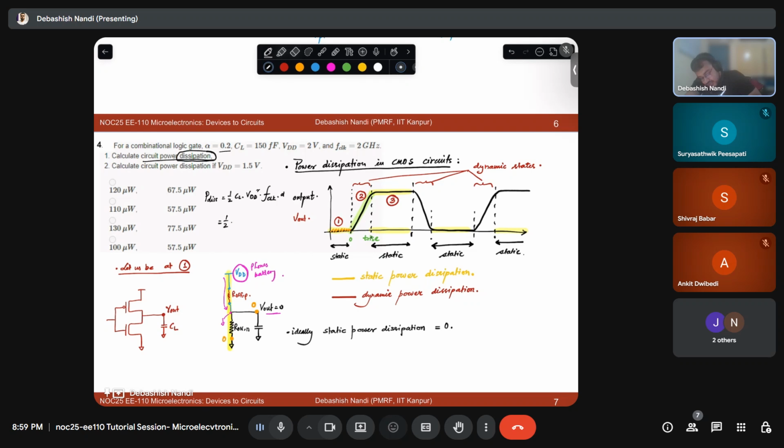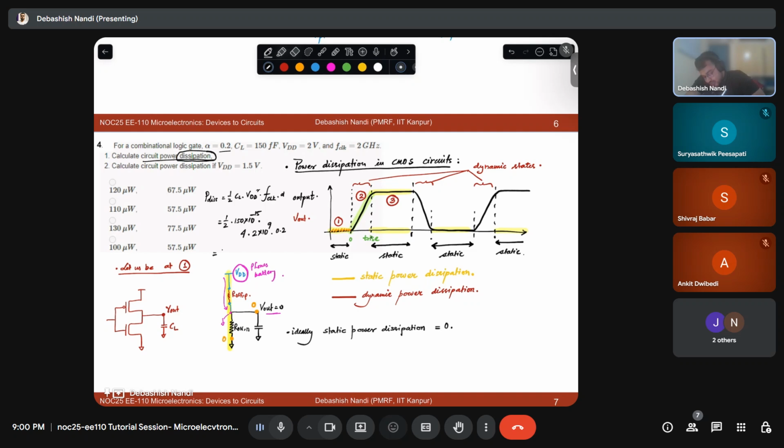So this is half. CL is your 150 femtofarad. Femto is 10 raised to what? Minus 15. Into 10 raised to minus 15, times VDD square, which is 4, F clock is 2 into 10 raised to 9, and alpha is 0.2.